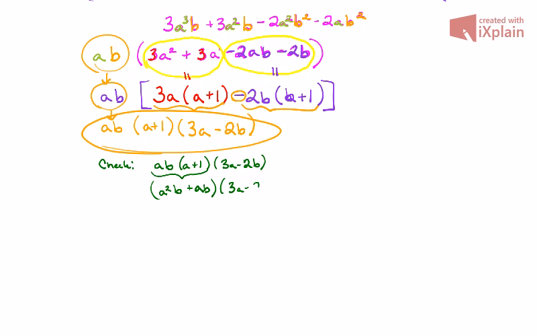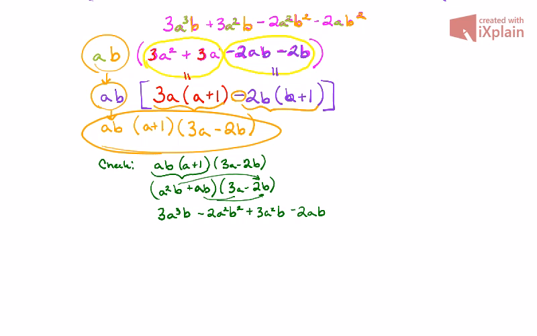And then we want to distribute it to the other binomial of 3a minus 2b. a squared b times 3a will give you 3a cubed b. a squared b times negative 2b gives you negative 2a squared b squared. ab times 3a gives you 3a squared b. And then ab times negative 2b gives you negative 2ab squared.